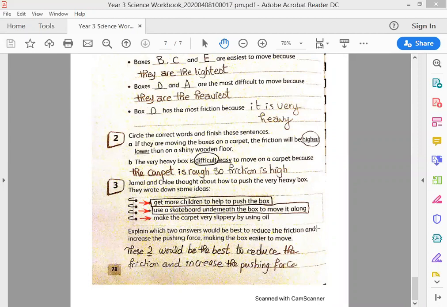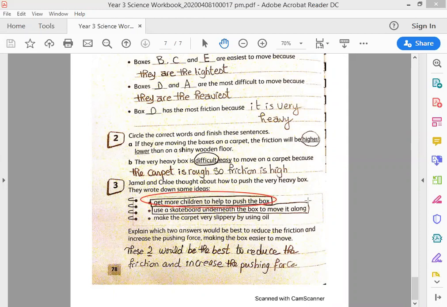What do you think? Which of those sentences are more logical to be done to reduce the friction? Would they get more children to help to push the box? Yes, of course. If they are going to find more children to push the box, they are going to have more force. And more force means more pushing force, so they can push the box easily.